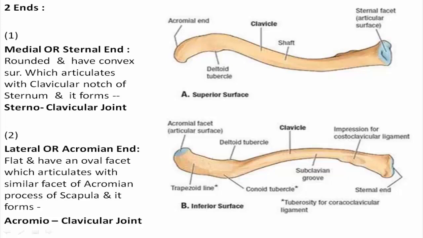So medial end is also named as sternal end. Lateral end or acromion end is flat and has a small oval facet which articulates with the similar facet of the acromion process of scapula, and it forms the acromioclavicular joint. So the lateral end is also named as acromion end.